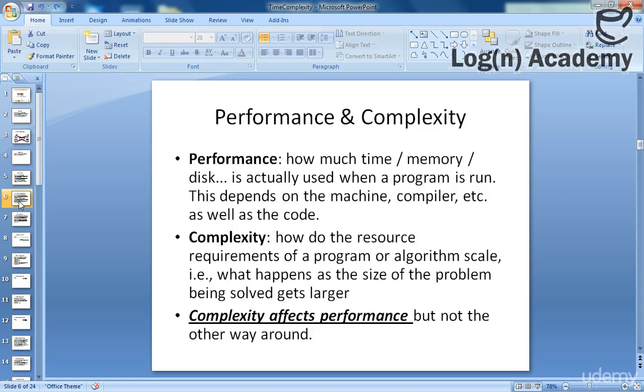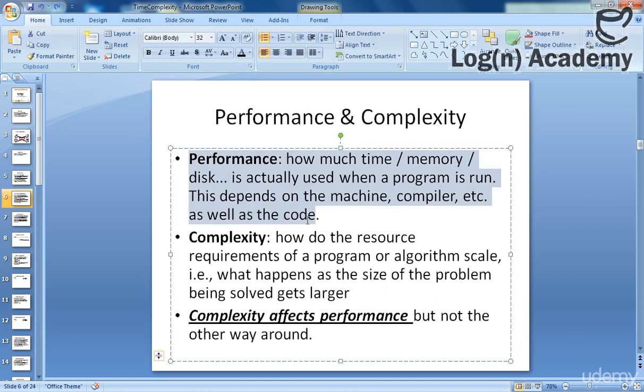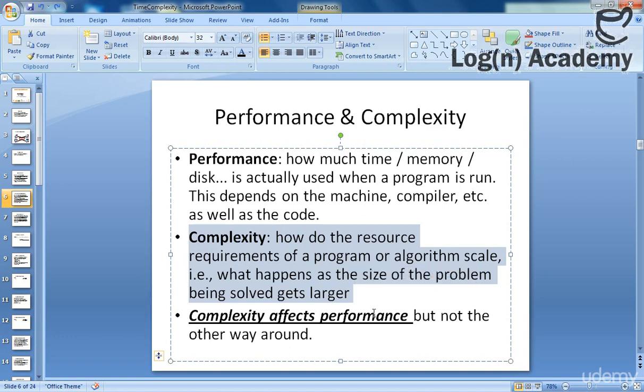Performance is how much time, memory, and disk is actually used when a program is run. This depends on the machine, compiler, and as well as the code. And complexity is how the resource requirements of a program or algorithm scale. What happens as the size of the problem being solved gets larger?